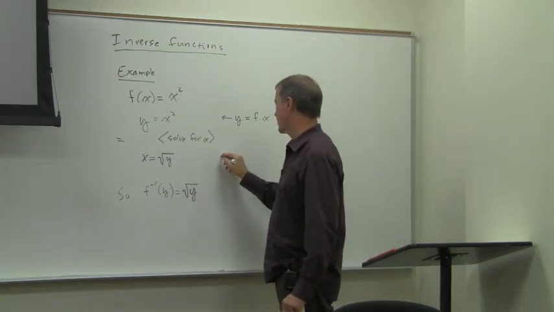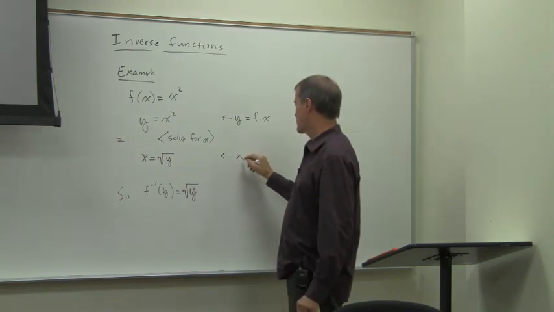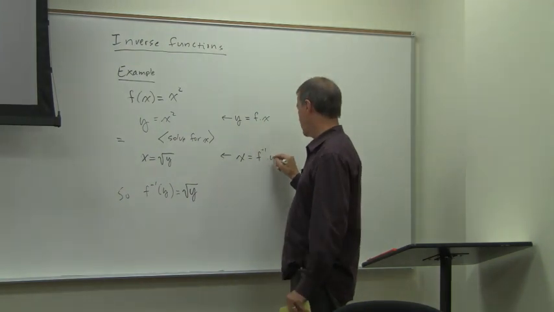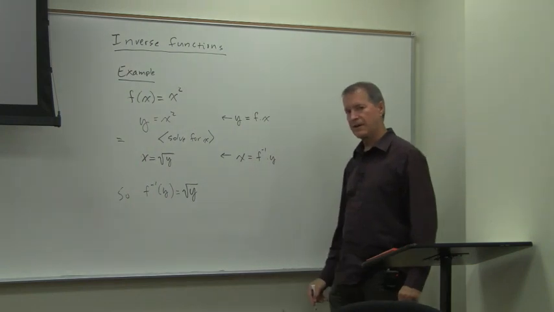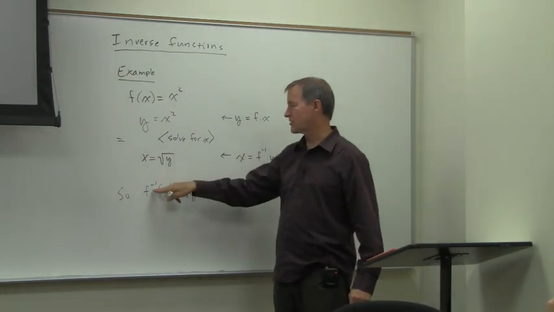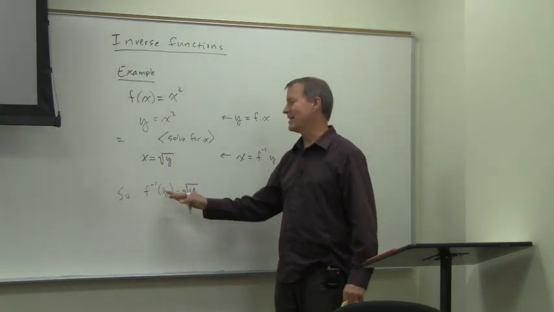And so the way we would use this using our dot notation is we would say x equals f inverse dot y, right? And the main thing to remember is that when you use a little exponent of minus 1, it does not mean 1 over. It means the inverse function.